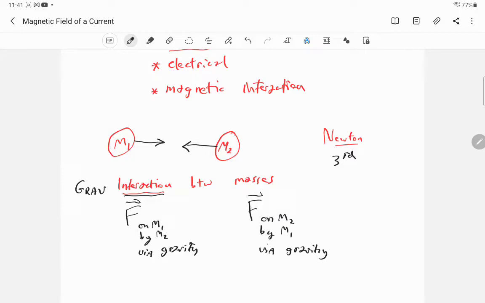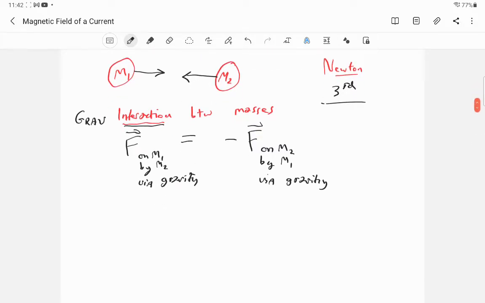Looking at these two forces in the same coordinate system, they point in opposite directions but have the same strength. So we put an equal sign, but with a relative minus. That's Newton's third law.